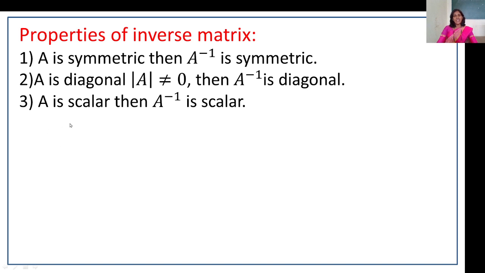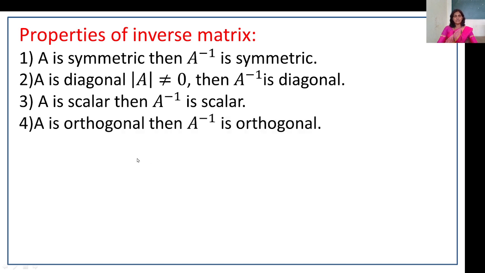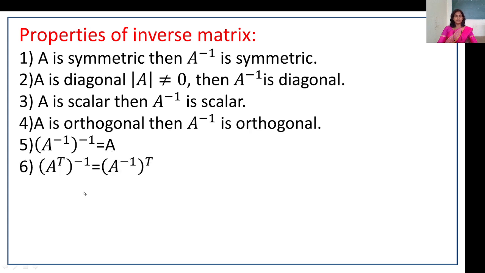Third, if A is a scalar matrix, then its inverse is also a scalar matrix. If A is an orthogonal matrix, then its inverse is also an orthogonal matrix. If we find A inverse and take its inverse, then it will give A. The inverse of A transpose is the transpose of A inverse.